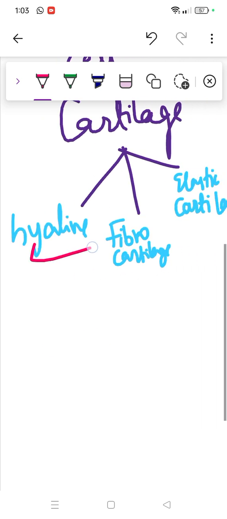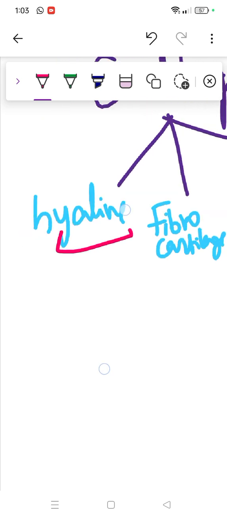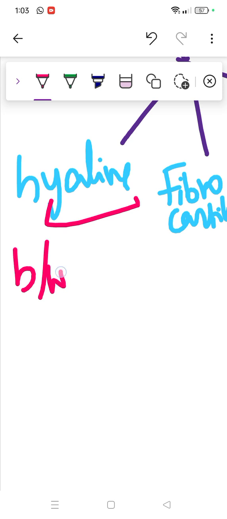Hyaline cartilage is present in many places, between the ribs. Ribs are structures which join the vertebral column dorsally and also join the sternum ventrally. So it is present between the ribs and the sternum.